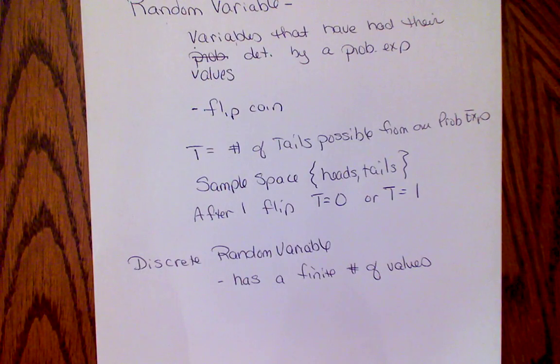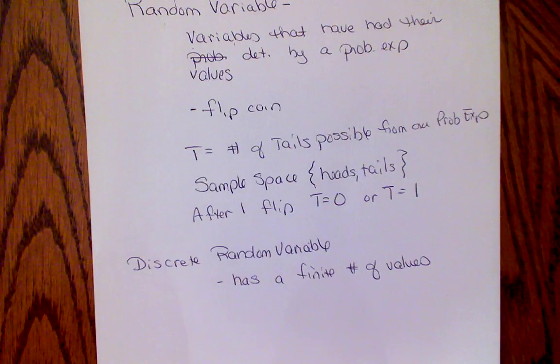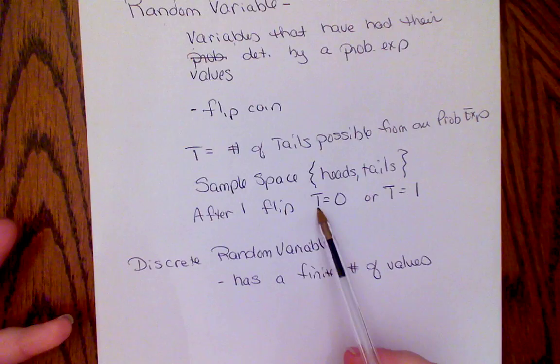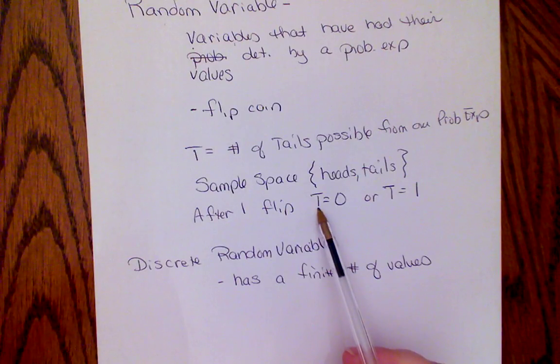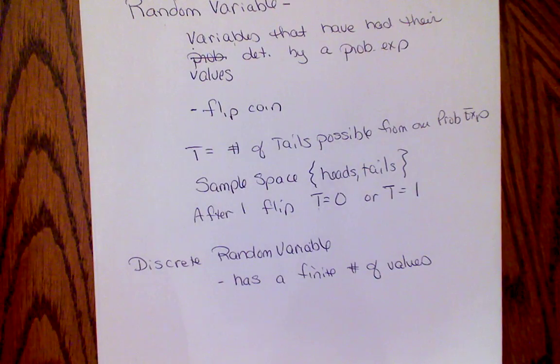You can't have 1.4 people, or the number of days you go to school. You can't go to school 36.2 days. Like flipping a coin, let's say you flip a coin 6 times. You could flip it 1, 2, 3, 4, 5, 6, or 0 times.